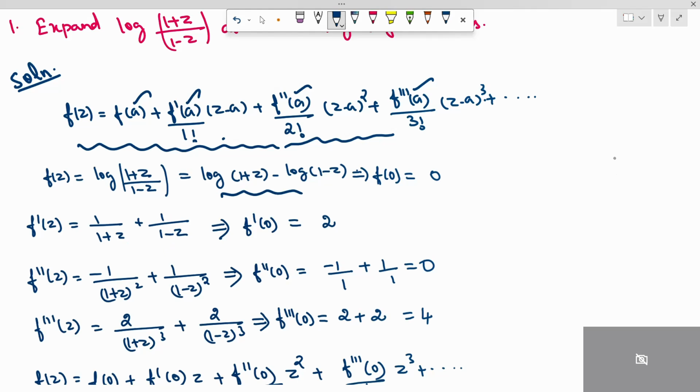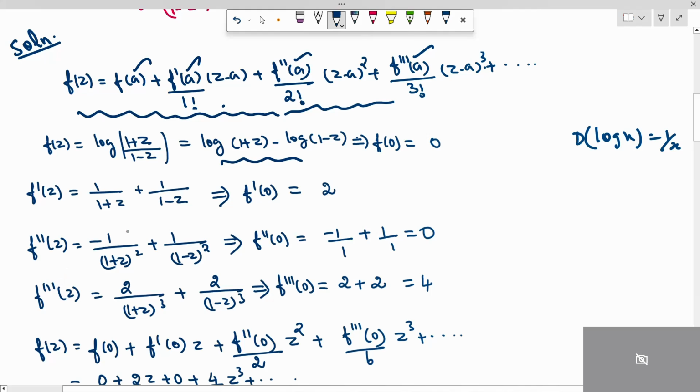We know that the differentiation of log x is 1 by x, the same format we use here. Differentiation of log of (1 plus z) is 1 by (1 plus z). For the second term, a minus sign will come, and with the negative sign of log of (1 minus z) it becomes plus.